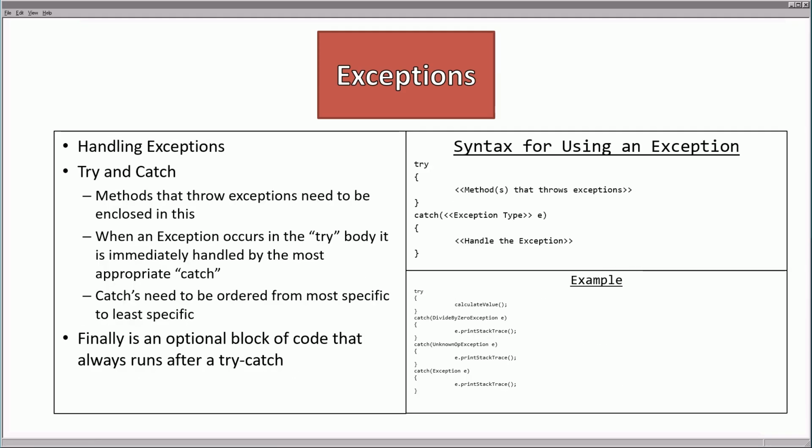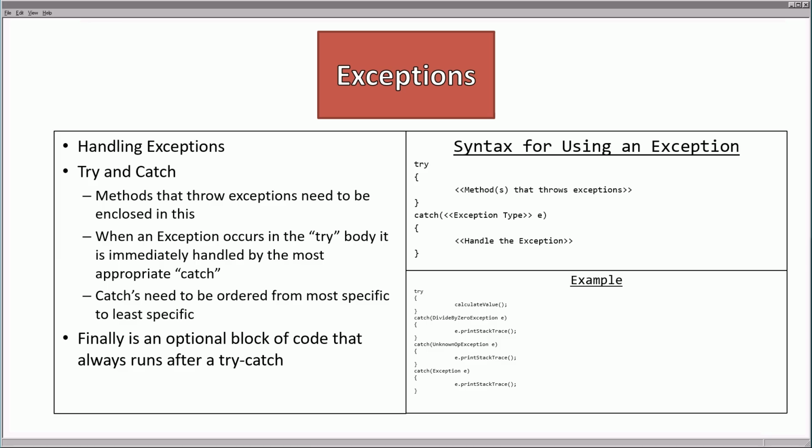Knowing how to create exceptions and knowing how to use exceptions is very important. But the focus of this class is going to be about handling exceptions. This becomes more important later on. Whenever exceptions can happen, what we need to do as programmers is put those methods, put those calls in what's called a try and a catch block.